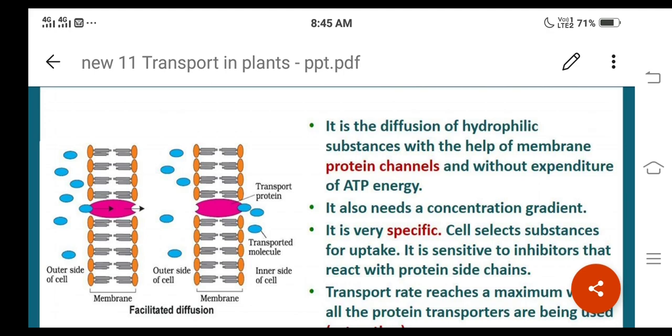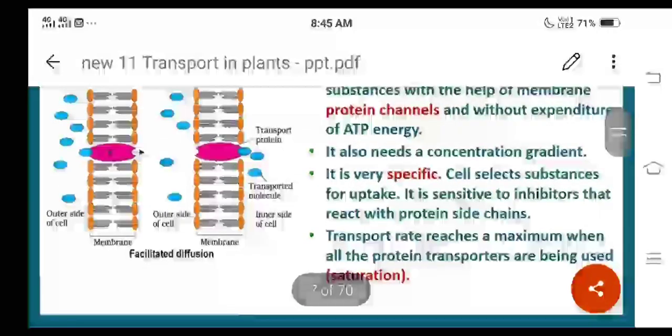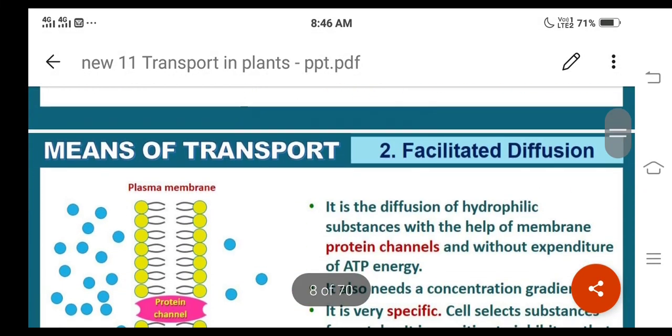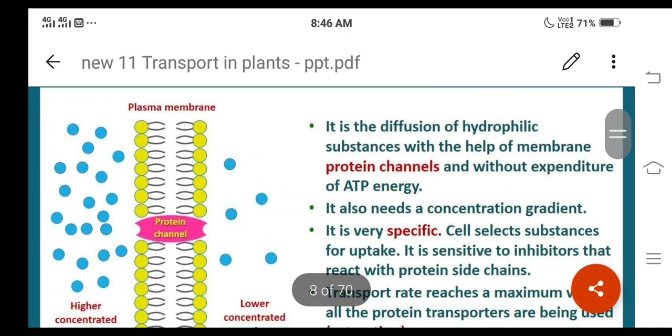One more property is that it is sensitive to inhibitors, or some chemicals that react with the protein side chains. Next, the transport rate reaches a maximum when all the protein transporters are being used, that is, when they are saturated. And there are some other points regarding facilitated diffusion, right?